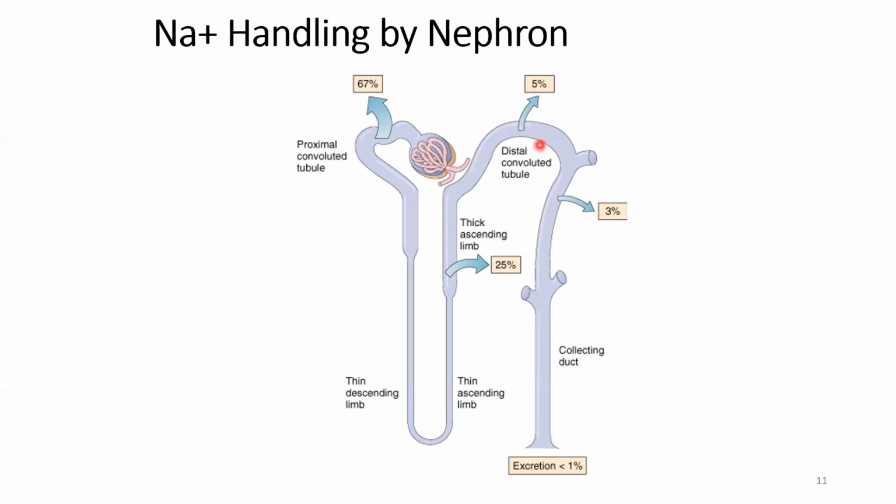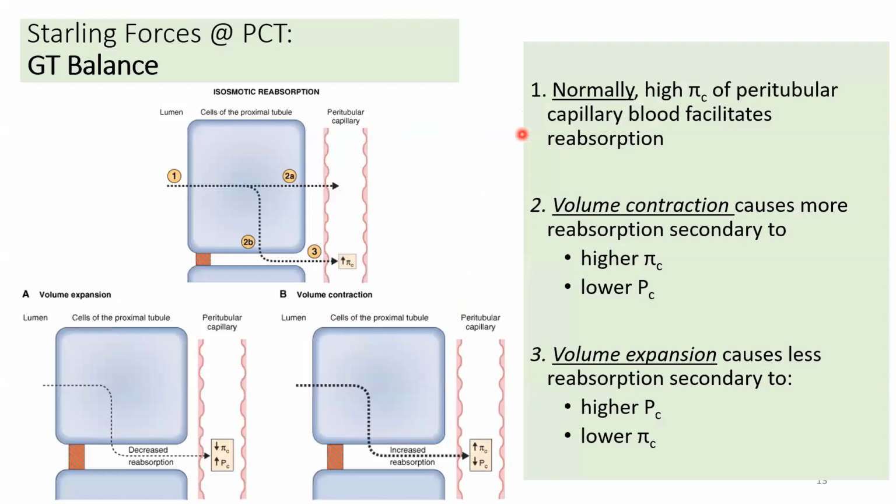However, the principal cell is the prime sodium dealer of this segment, and it basically corresponds with aldosterone. Aldosterone's target cell is the principal cell. So we will be talking about the principal cell and what is going on.